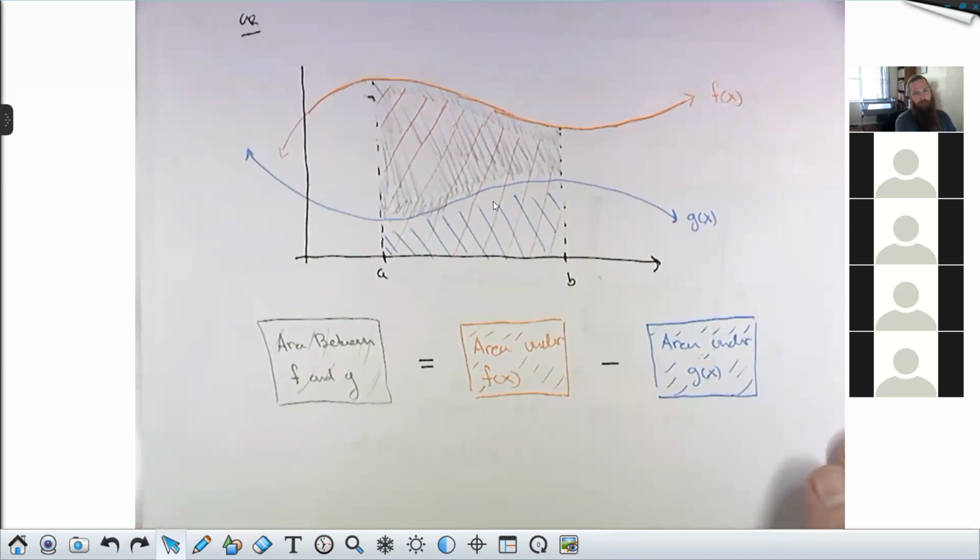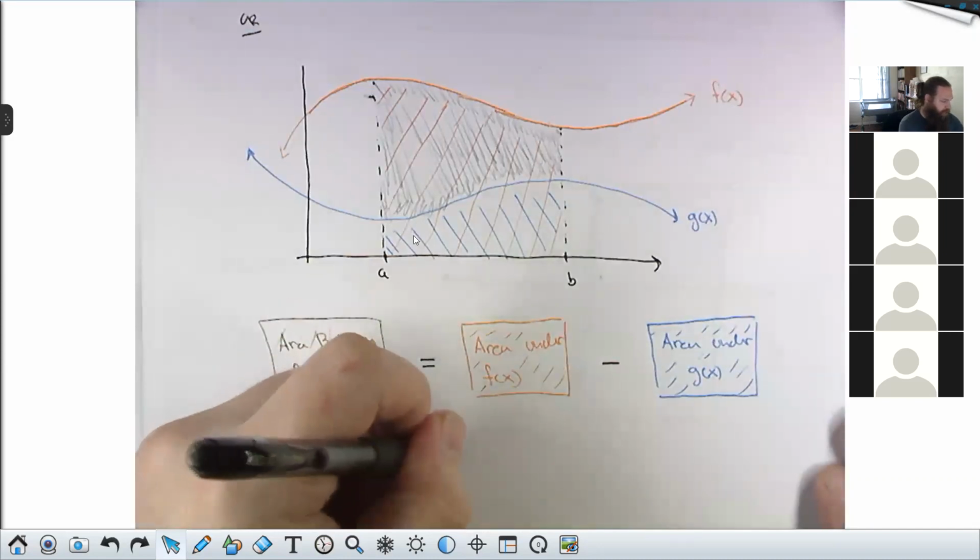You guys see it? The thing I want, I can calculate by taking all the area under the orange function and then subtracting out all the area under the blue function. And what we'll see is that this gives me the same thing.